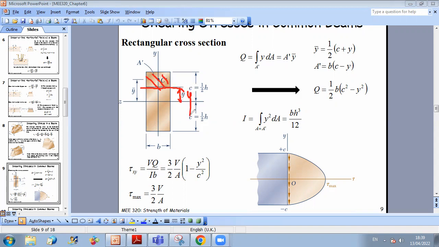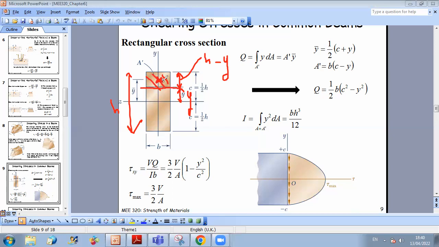This means that if the total height of my rectangle is H, and I did the cut at Y, then this distance here is equal to H minus Y. And since I want to calculate the first moment of this area relative to the neutral axis, I should find the position of the centroid of this area.